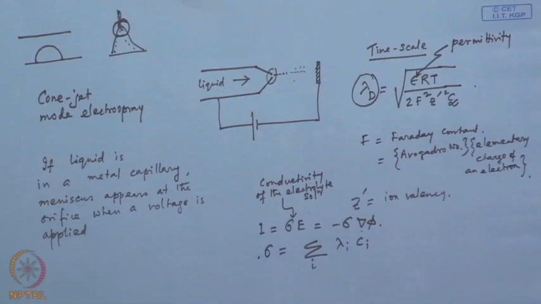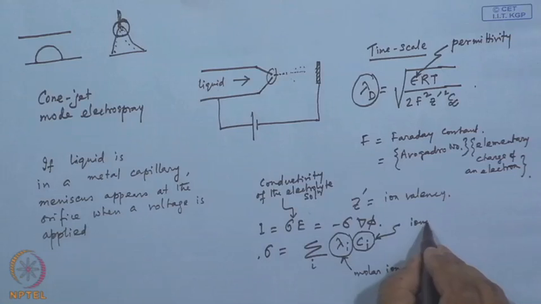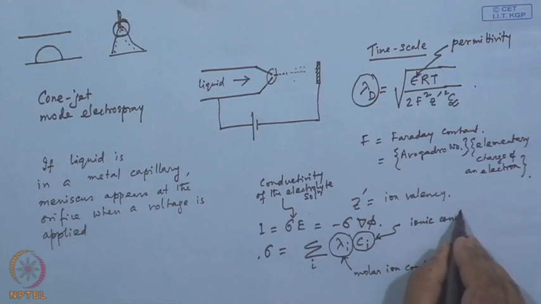This sigma is basically built from the molar ion conductivity, where lambda I is the molar ion conductivity as far as this ith ion is concerned, and C I is the ionic concentration of species I.